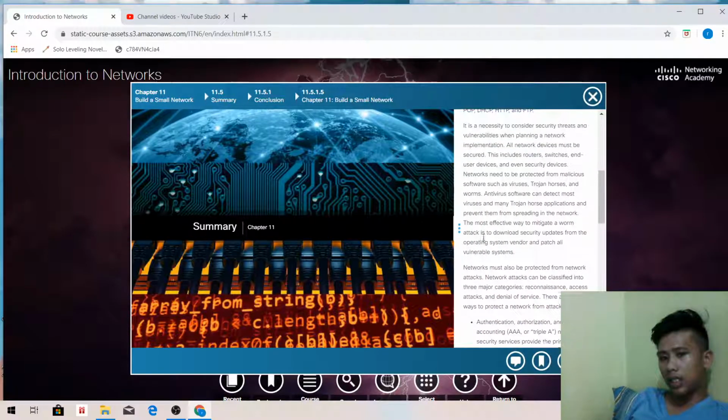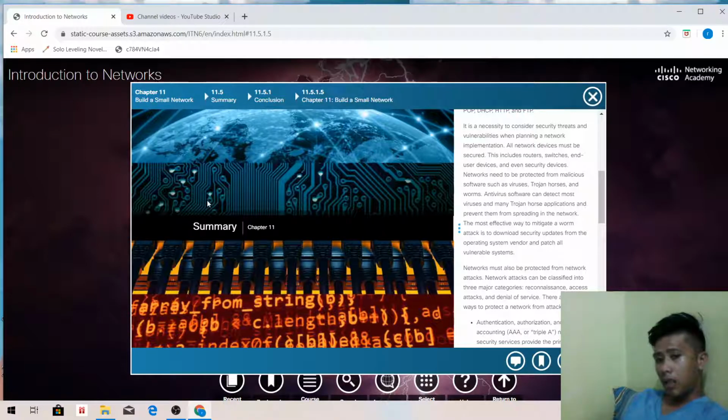So it is necessary to consider security threats and vulnerabilities when planning a network implementation. All network devices must be secured, and this includes routers, switches, end users' devices, and even security devices. The network needs to be protected from malicious software such as viruses, Trojan horses, and worms.